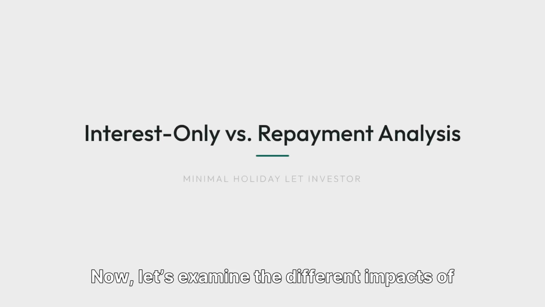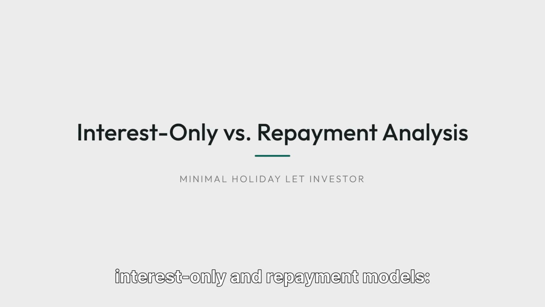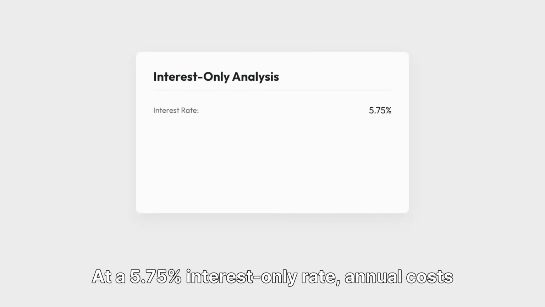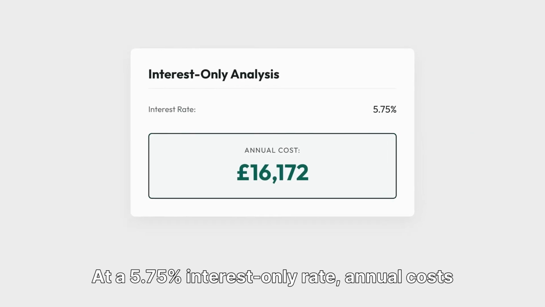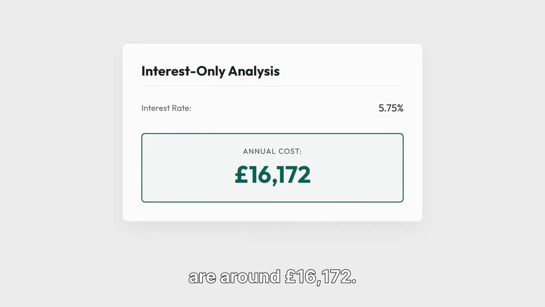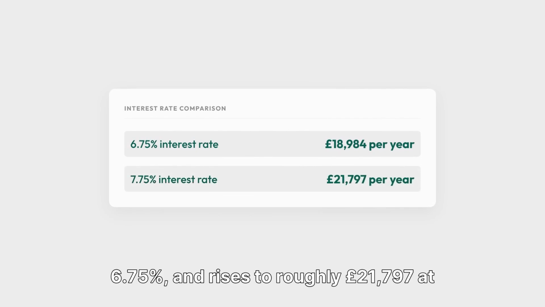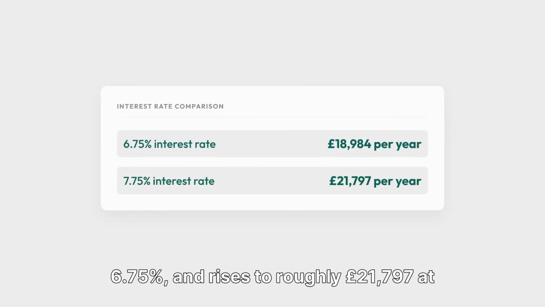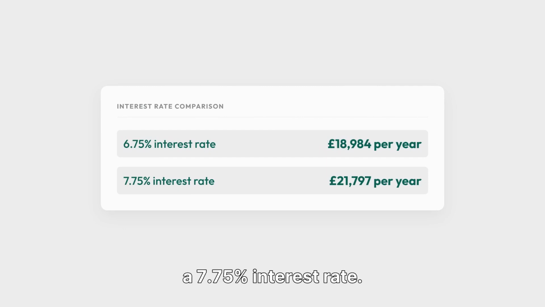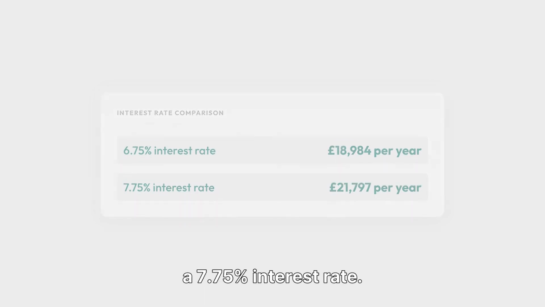Now, let's examine the different impacts of interest-only and repayment models. At a 5.75% interest-only rate, annual costs are around £16,172. This cost increases to approximately £18,984 at 6.75% and rises to roughly £21,797 at a 7.75% interest rate.